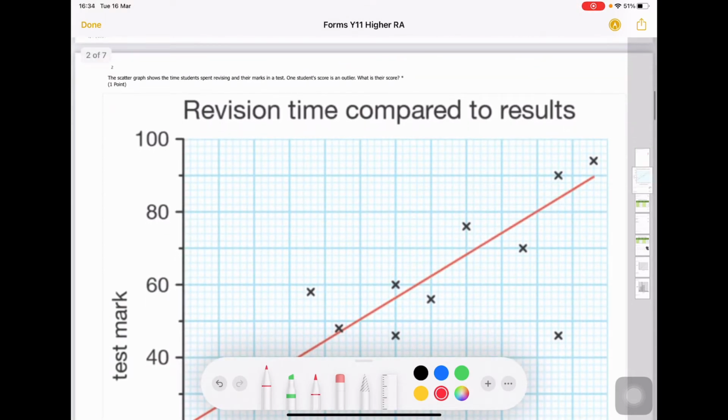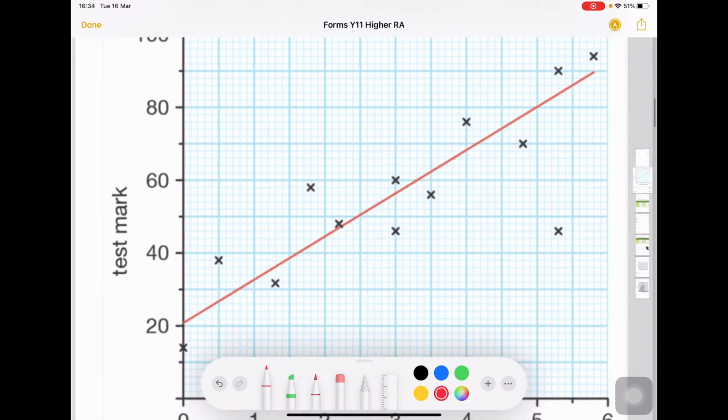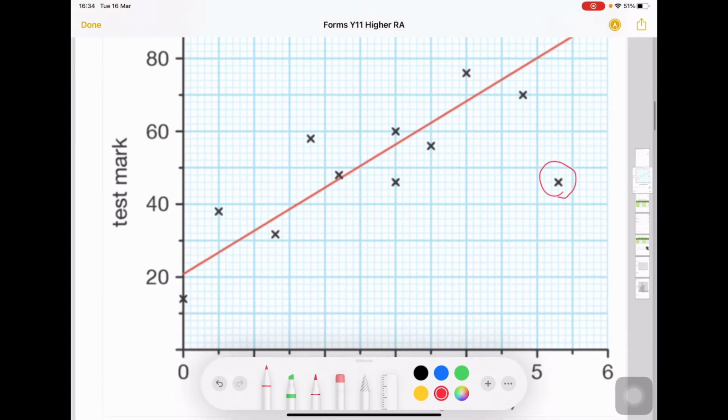Question 2. The scatter graph shows the time students spent revising and their marks in a test. One student's score is an outlier. What is their score? We can see their line of best fit. Most of the figures are not too far away. I'd say the one which is slightly further out than the others is this point here.